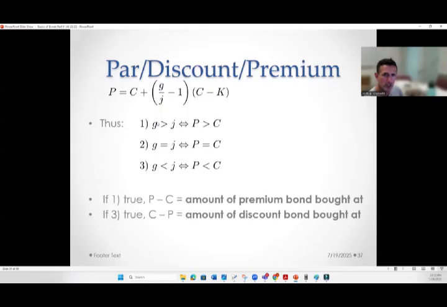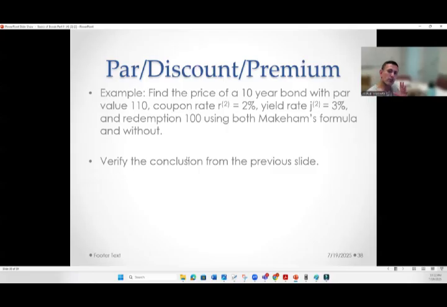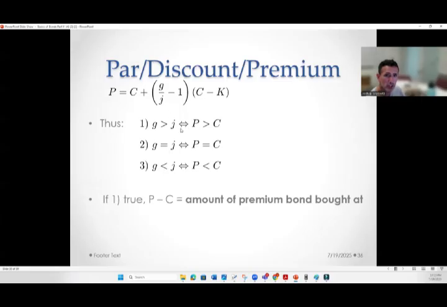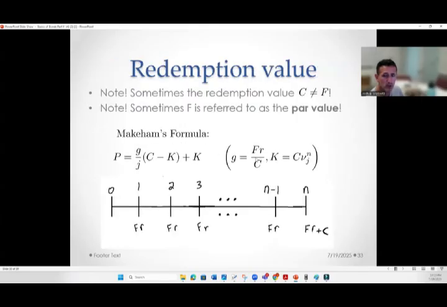In particular, compute G, compare it to J, and see which one is true, and just verify this example. One thing's clear here: you can't just literally look at these problems and say, oh yeah, clearly it's bought at a premium or bought at a discount. You really just have to compute G and compare it to J. There's no other way.